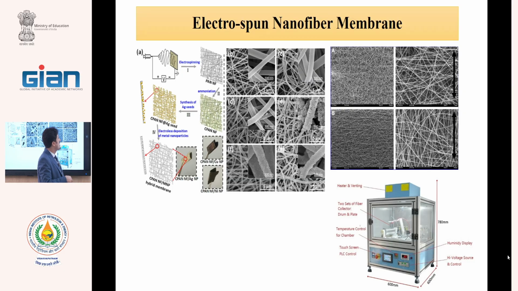In this paper, silver nanoparticles were added to the casting solution, to the dope solution, to the liquid polymeric solution, and the produced nanofibers, you see, have different morphology, and the silver nanoparticles mixed and decorated on the fiber surface and cause antibacterial properties in the membrane and reduce the biofouling of the membranes.